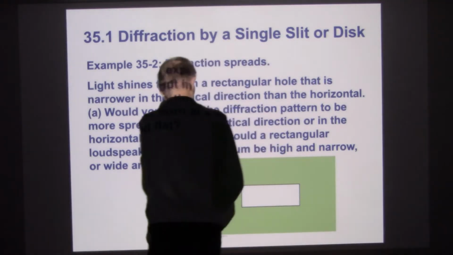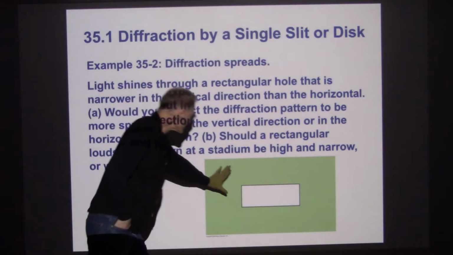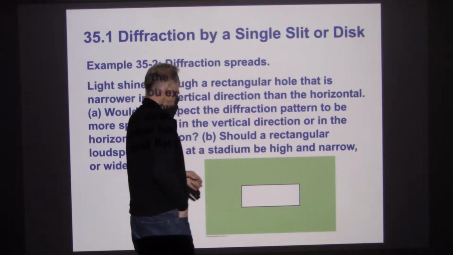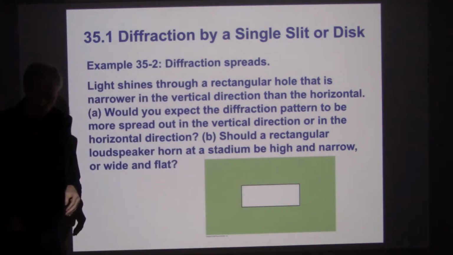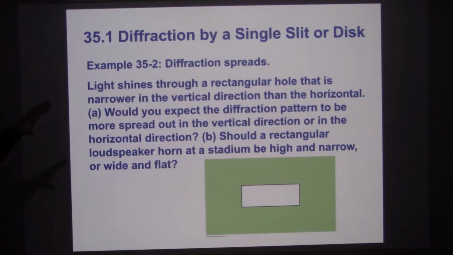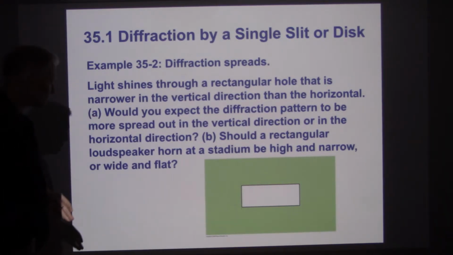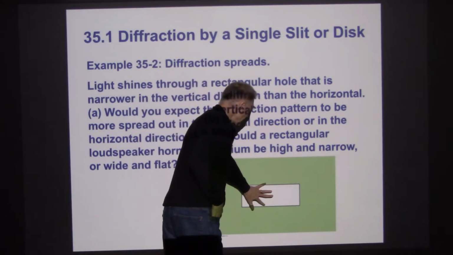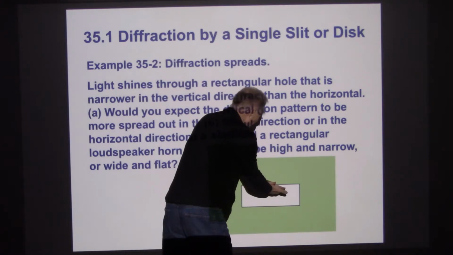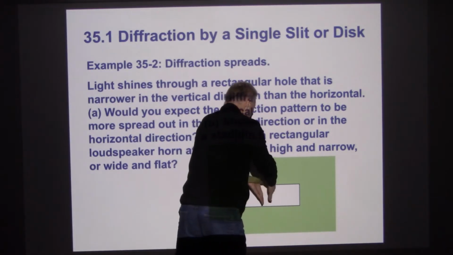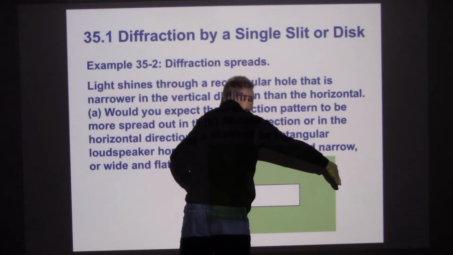Now they're asking us, here's a slit. Now it's not especially narrow this way. They're asking what the interference pattern might look like, what kind of a diffraction pattern I would get on a screen if I sent it through a slit like this. Now it is narrower in this direction, so we do expect that we would get an interference pattern along this direction, but we'll also get an interference pattern this way.